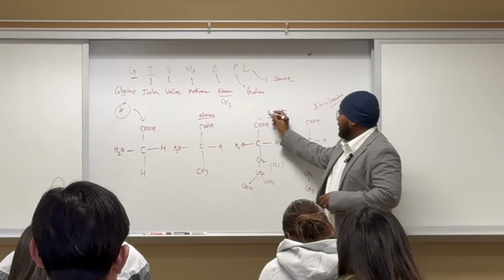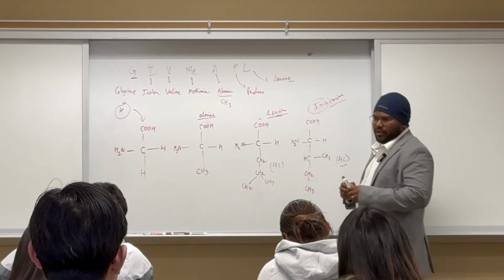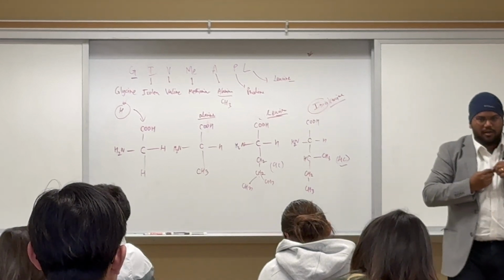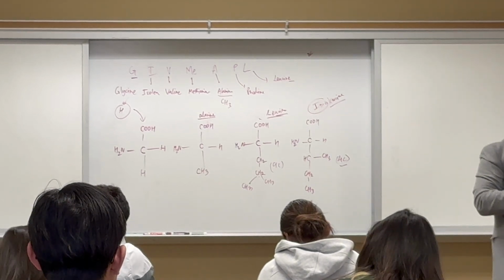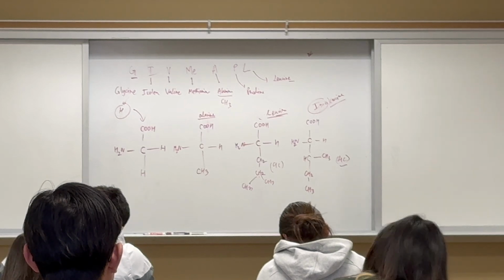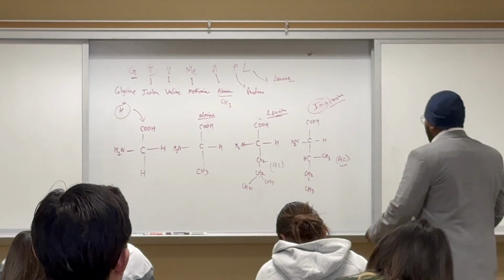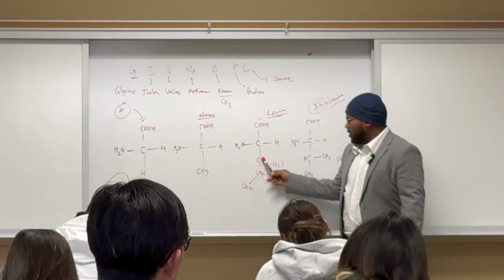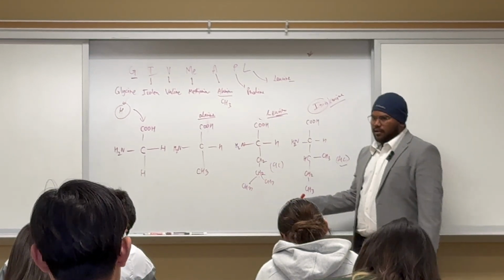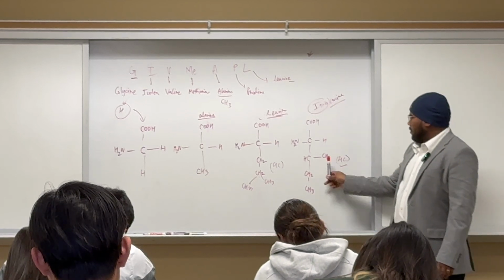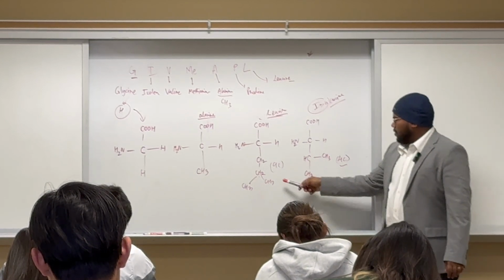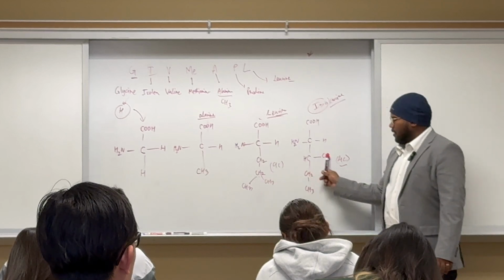So leucine. The other thing we have is iso. Iso means isomer. So isoleucine is an isomer of leucine. And leucine has 4 carbon, so the way you remember is 1, 2, 3, 4. Isoleucine is an isomer of leucine, so you put this thing over here.